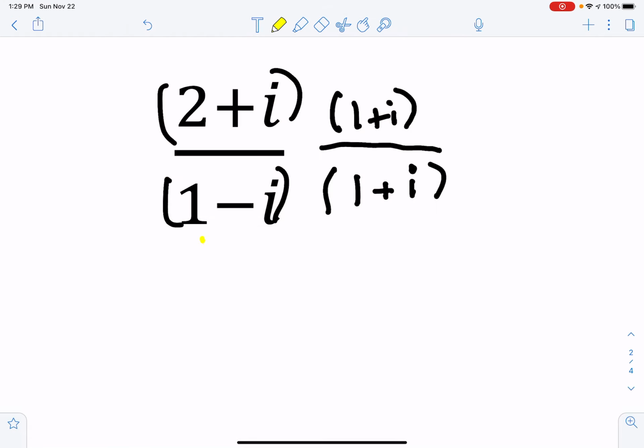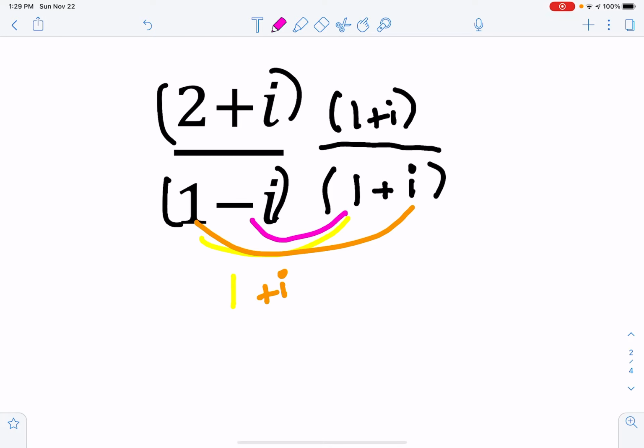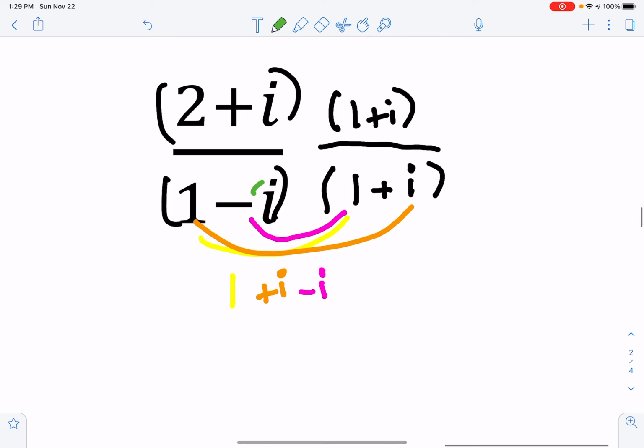So I'm going to go 1 times 1 again, which is 1. 1 times i, which is i. Negative i times 1 is negative i. And negative times positive is negative, and i times i is i squared.